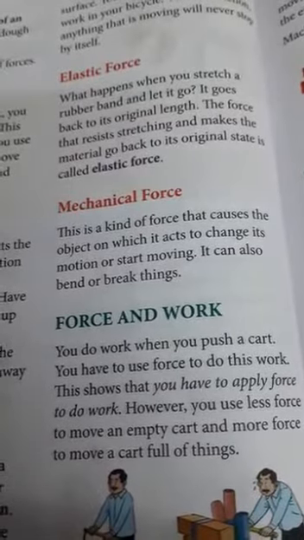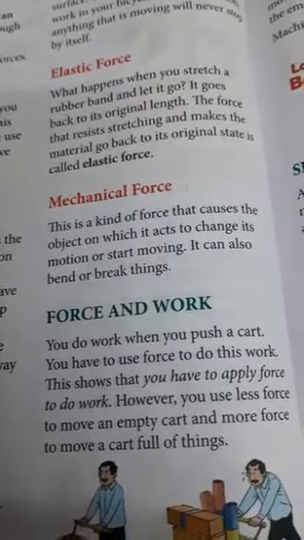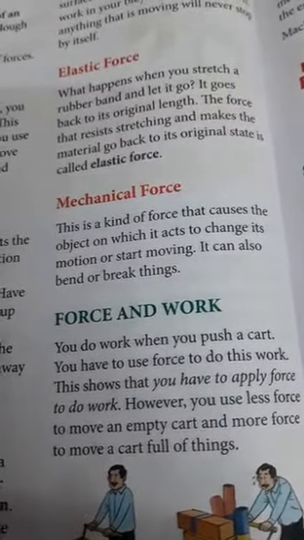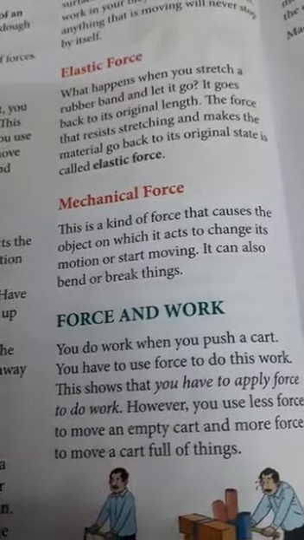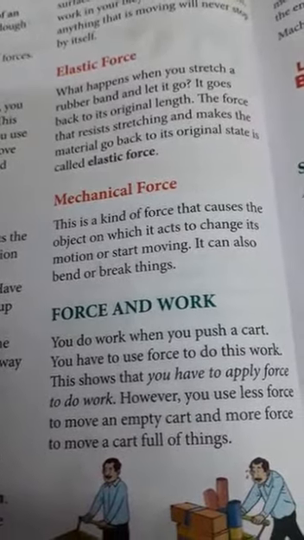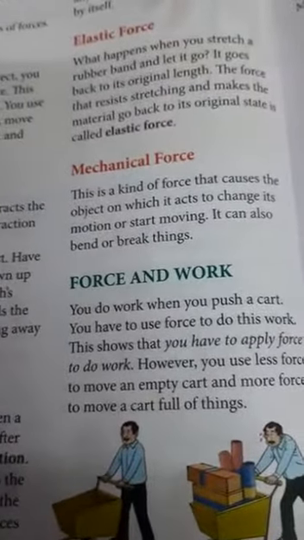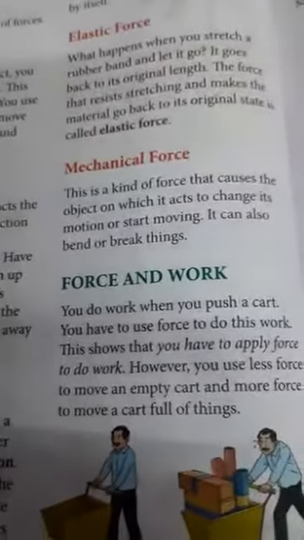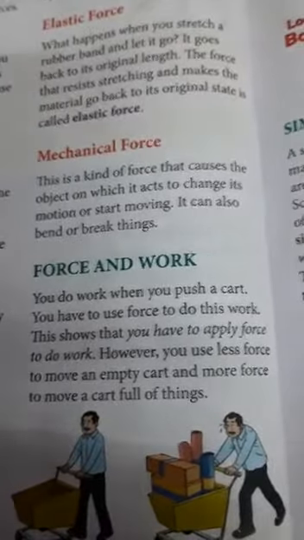This is a kind of force that causes the object on which it acts to change its motion or start moving. Mechanical force is generally in a car, scooter, bicycle. So these are the different types of forces: muscular, gravitational, frictional, elastic, and mechanical force.